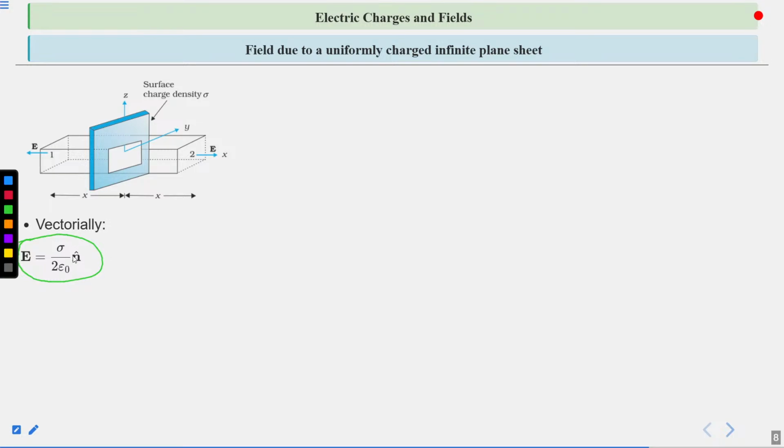Now the electric field due to a single face, or the second face, vectorially E is equal to sigma upon epsilon naught n cap, where sigma upon epsilon naught is the magnitude and n cap is the direction. Clear?